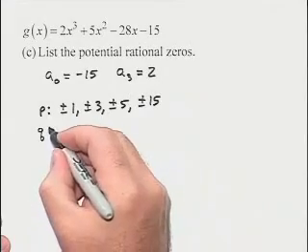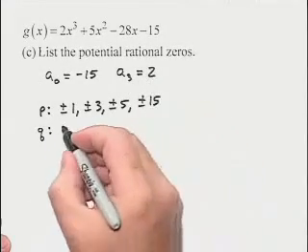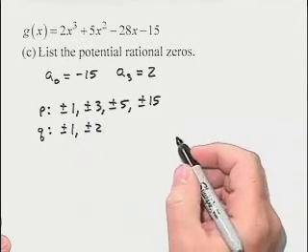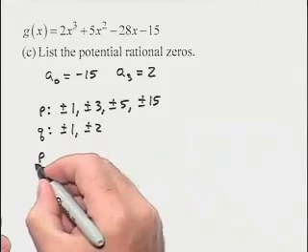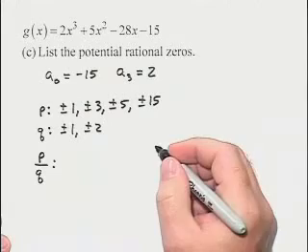Then we need integers q that are factors of our leading coefficient 2. So q will be plus or minus 1 and plus or minus 2. Now we form all possible ratios, p over q, to list our potential rational zeros.